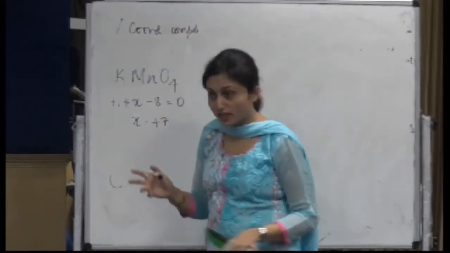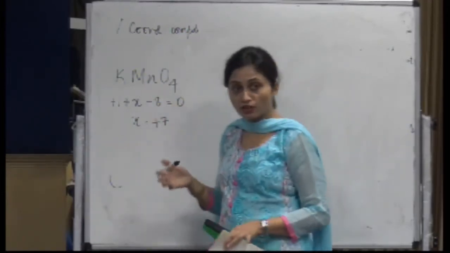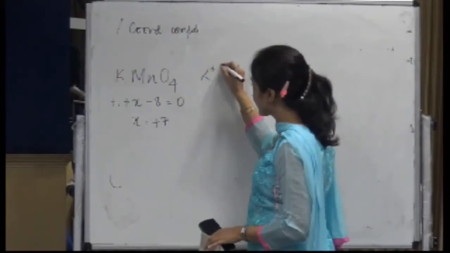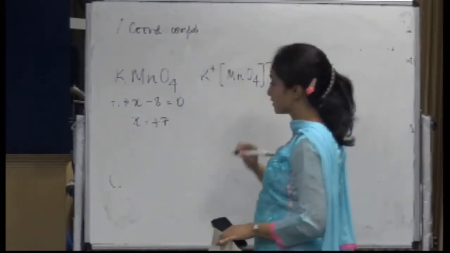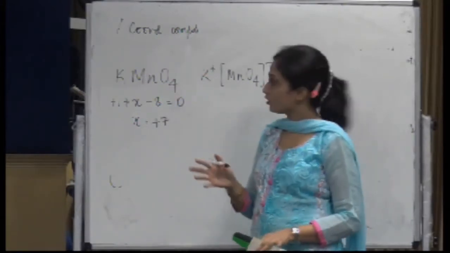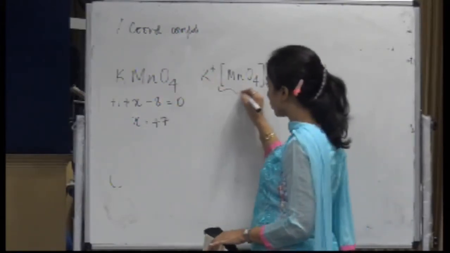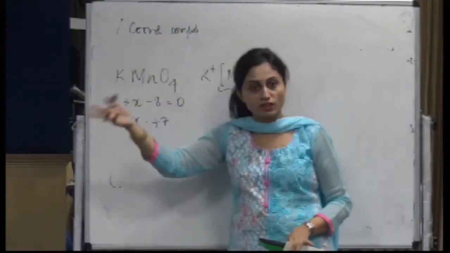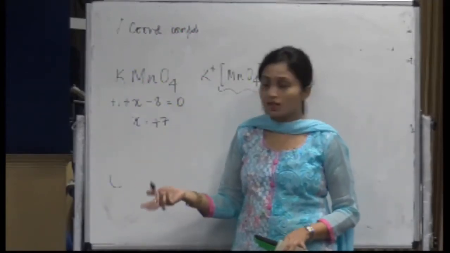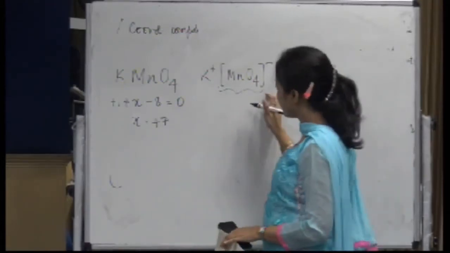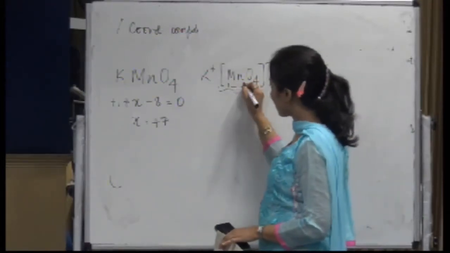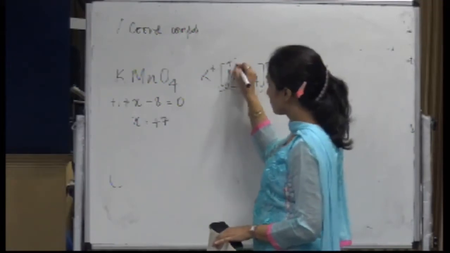And now let me tell you, this is again kind of a coordination complex where you have K plus and MnO4 minus. Just understand that otherwise Mn also should have got dissociated from O2 minus. So you have K plus and MnO4 minus, and here your Mn is in what oxidation state? +7.